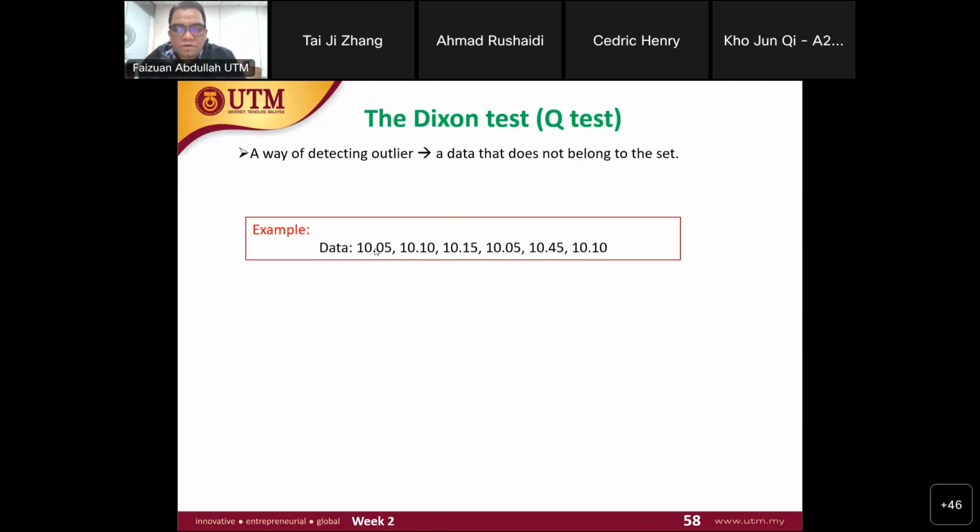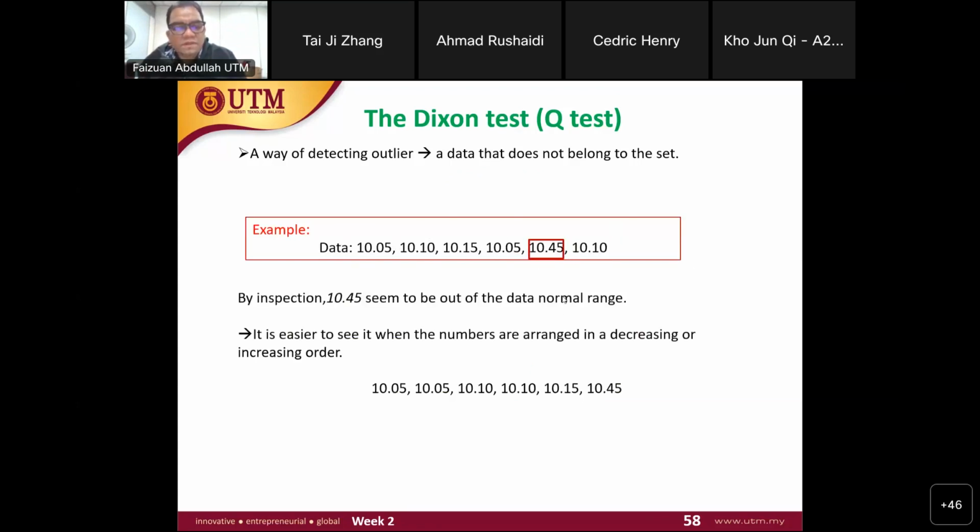Normally from the data we know this one, 10.45, is the outlier, but we need to do a test. By inspection, 10.45 seems to be out of the normal range of the data. It is easier to see when the numbers are arranged in decreasing or increasing order.